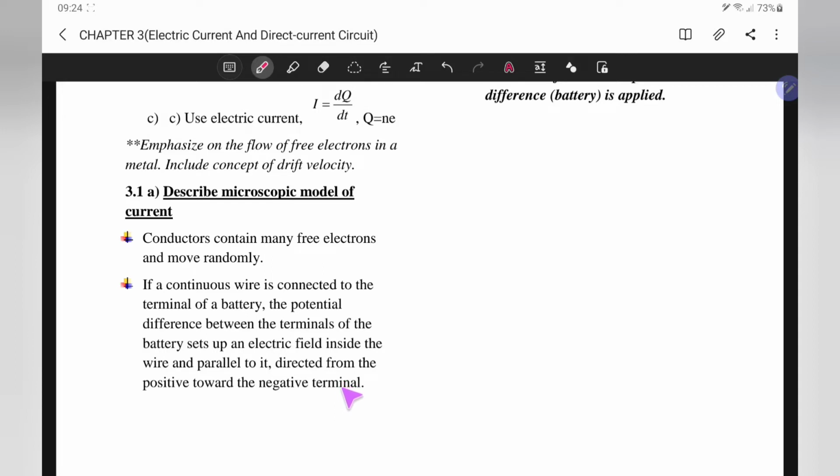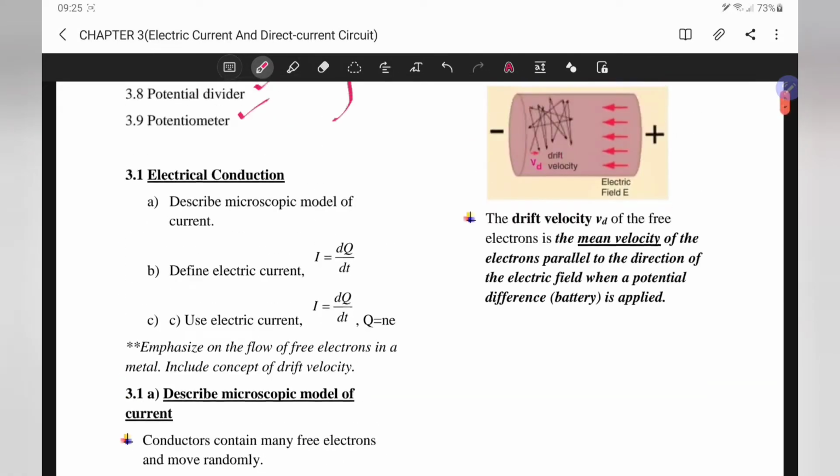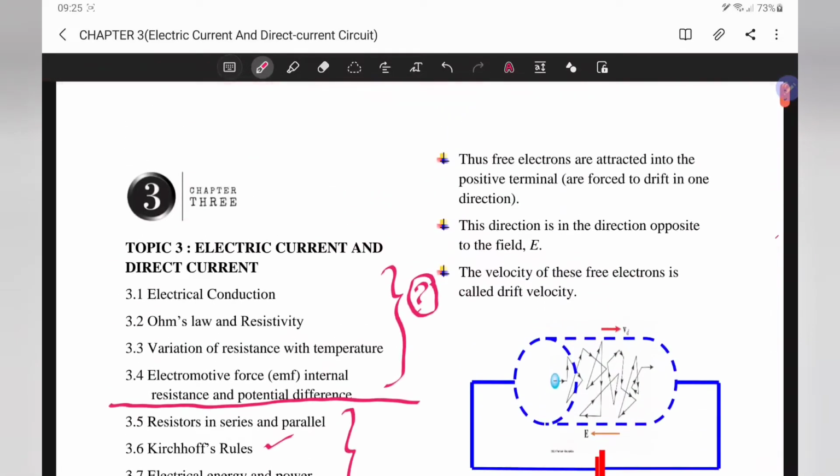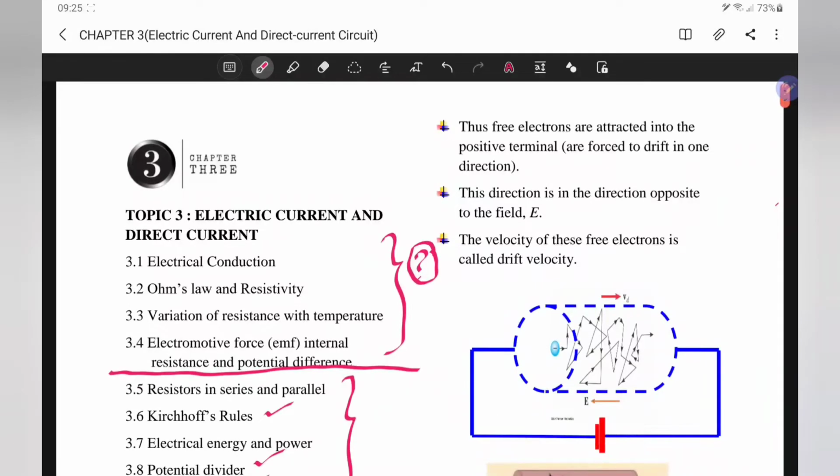Thus free electrons are attracted to the positive terminal, so they are forced to drift in one direction. Remember, an electron is a negative charge.